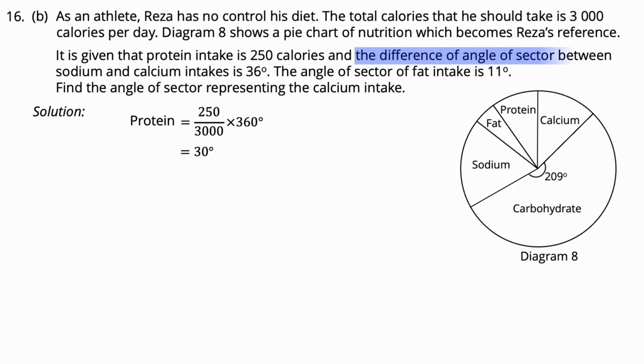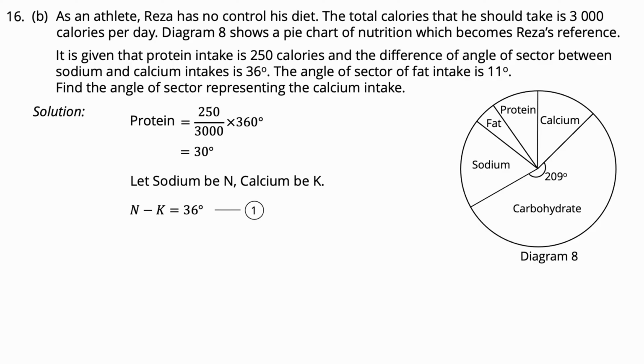The difference of angle of sector between sodium and calcium intakes is 36 degrees. Let sodium be N and calcium be K. N minus K equals 36 degrees, equation number 1. The angle of sector of fat intake is 11 degrees. Protein 30 degrees, calcium K, carbohydrate 209 degrees, and sodium N.